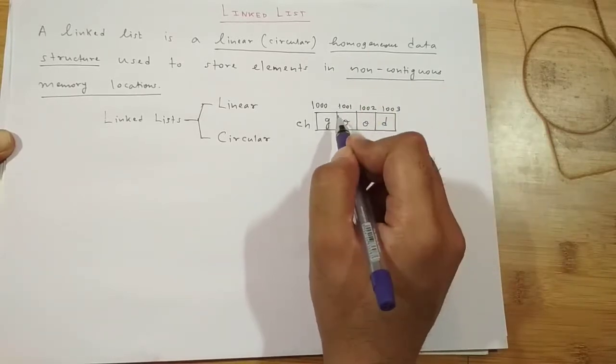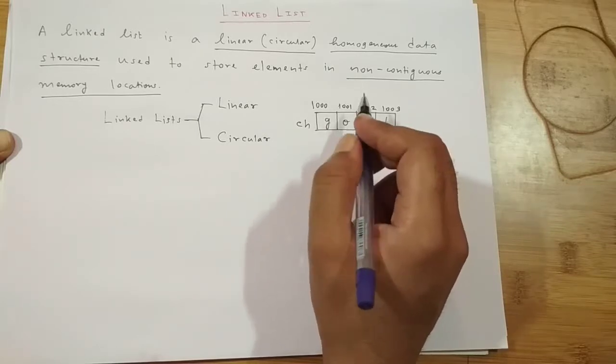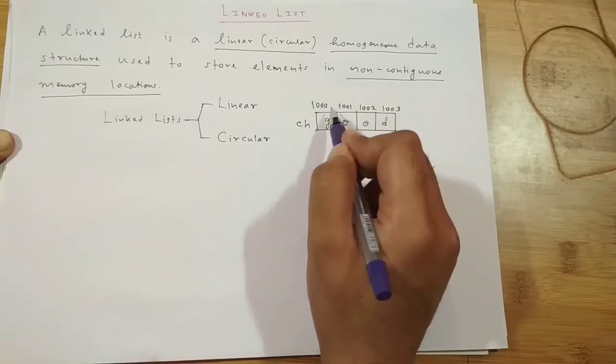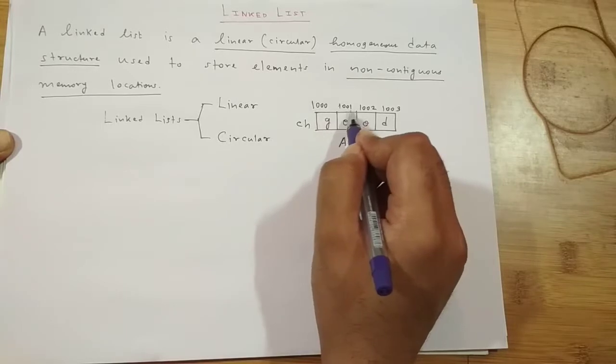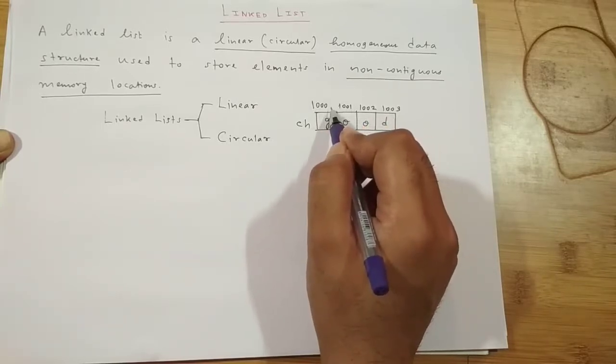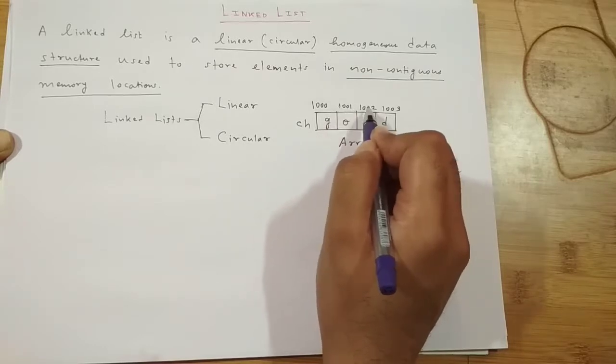The rule for contiguous memory allocation is, if you know the starting address, you can find the address of any element just by going over the size of the element stored in the array.